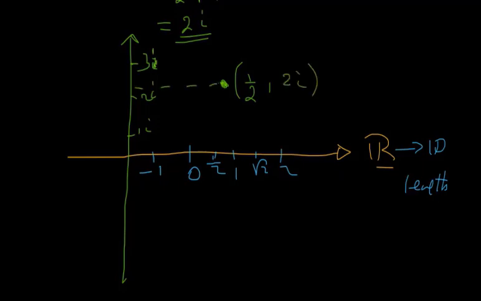So it is a combination of real number and imaginary number. This one is y, and this one is x. So we can represent a complex number on a plane. A plane is two-dimensional.